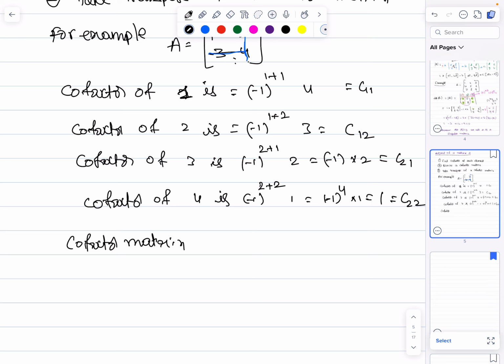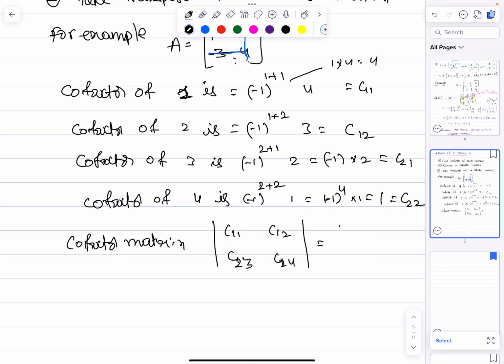Now you substitute all these into the cofactor matrix. The cofactor matrix is a 2 by 2 matrix, C11, C12, C21, C22. What is C11? This is minus 1 whole power 1 plus 1, which is 1, into 4 is 4.